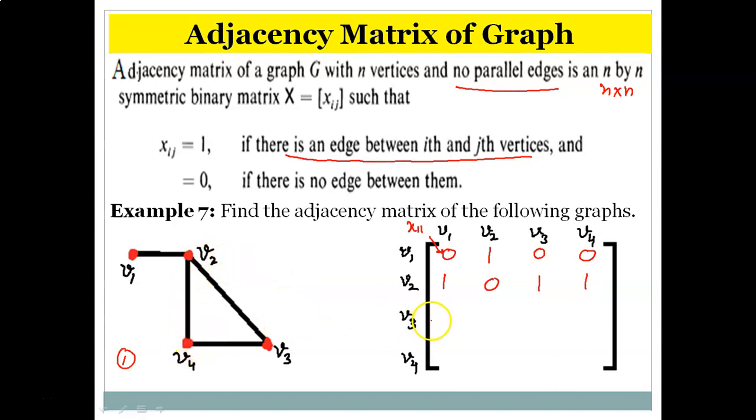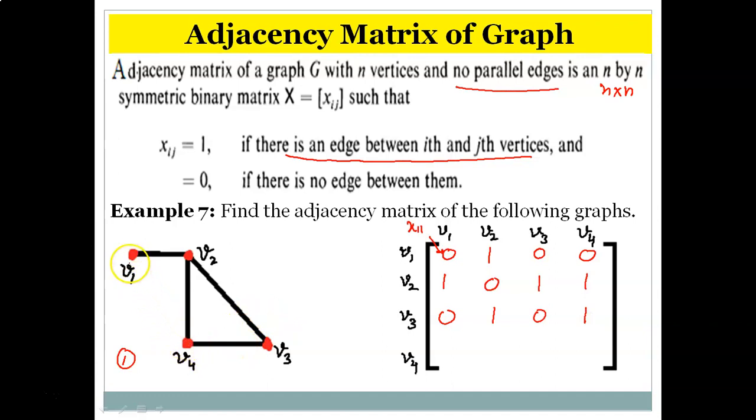Then come to V3. V3 to V1, there is no direct edge, so 0. V3 to V2, yes, there is an edge, so you write 1. V3 to V3, no edge, so 0. V3 to V4, yes, there is an edge, so write 1 here. Then come to V4.